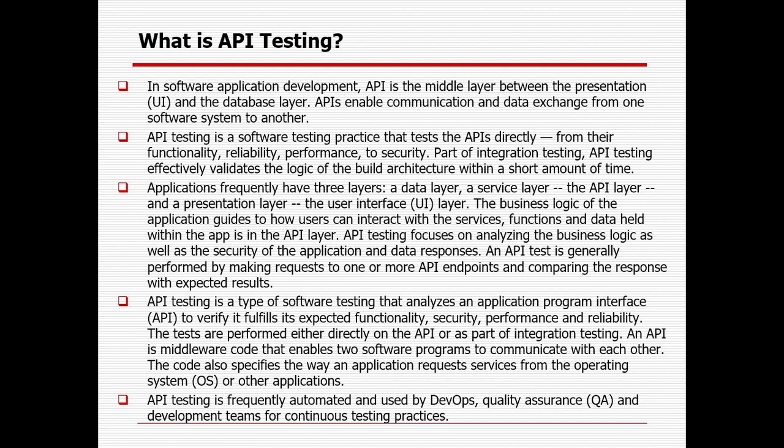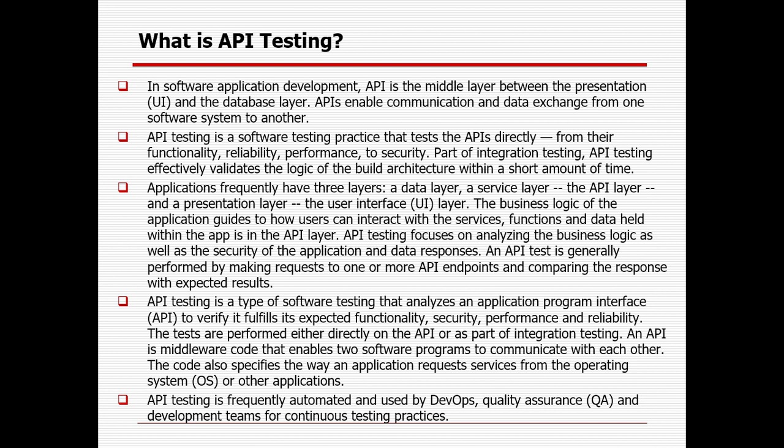An API test is generally performed by making requests to one or more API endpoints and comparing the response with the expected result. So API testing is a type of software testing that analyzes an application programming interface, or API, to verify it fulfills its expected functionality, security, performance and reliability. The methods are performed either directly on the API or as part of integration testing.